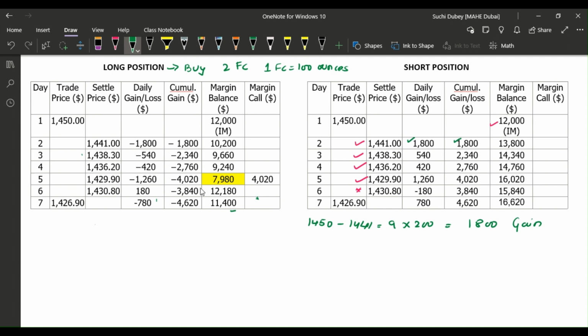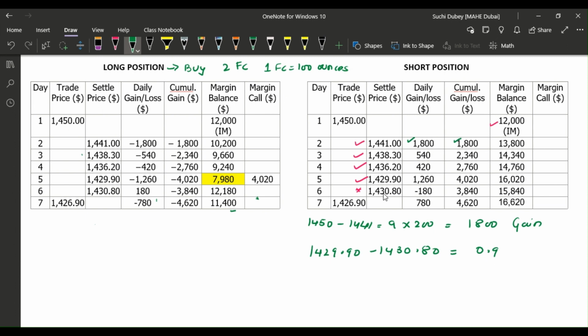The only area where the account balance is going down is this. 1429.90 minus 1430.80, if you simply calculate the difference here, you will come to know how much the difference is. The difference is 0.9, and basically the prices are increasing. I'm just comparing from the previous to this. The prices increase from 29 to 30.